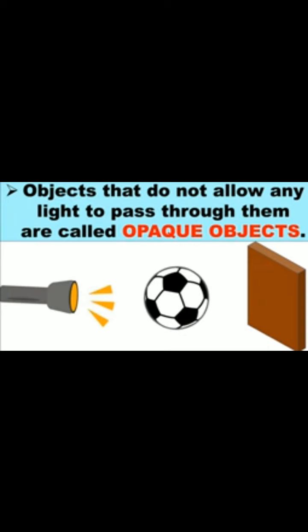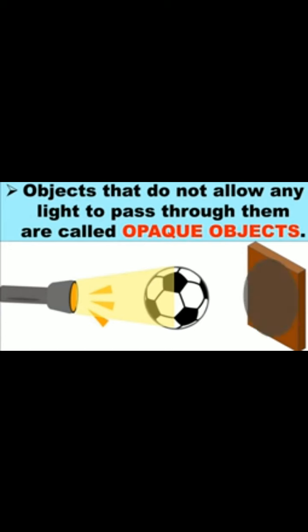See, I have taken a brick or a wall or a screen and I am lighting a torch. See, the light is going straight and falling on that screen. But when I put a ball in between the light and the screen, what happened? See, an obstruction came and the ball is blocking the path of that light.